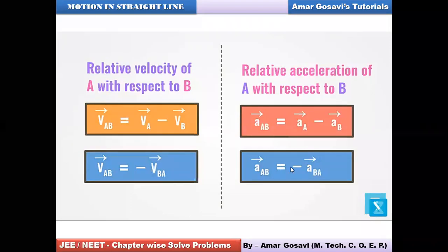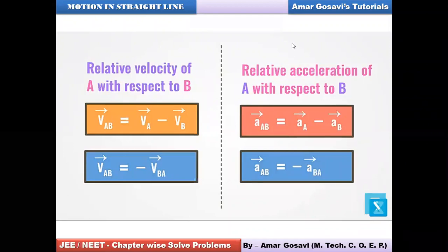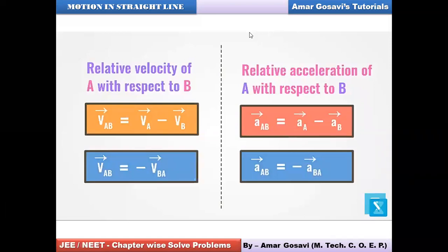Similar is the case for accelerations also. So we want to utilize all this while solving problems. Hopefully you have noted this down, friends. I consider you are done with it. Let's move ahead then. We will try solving problems based on this.